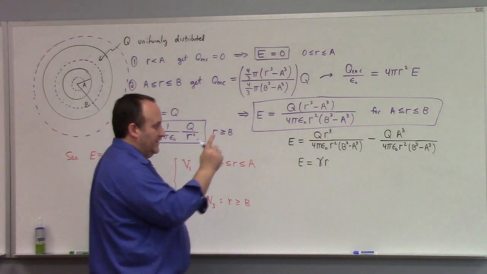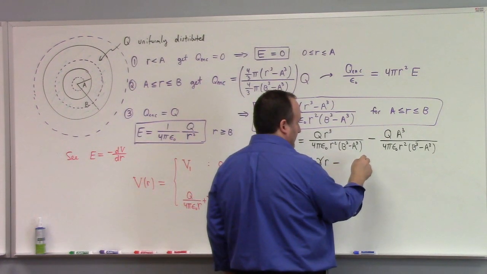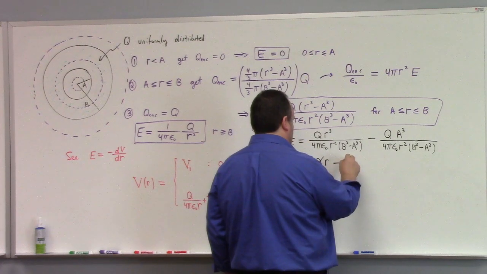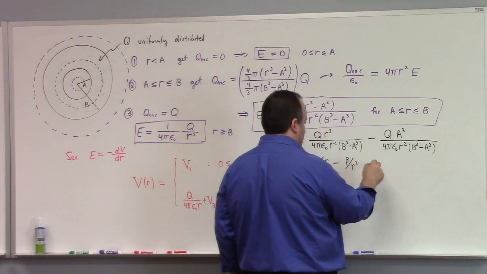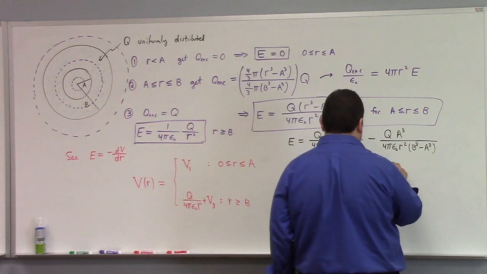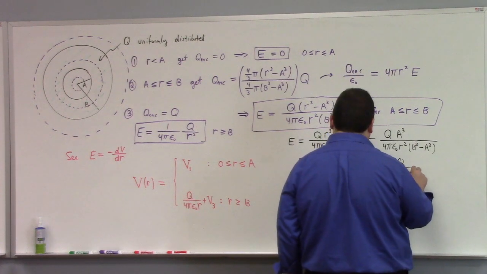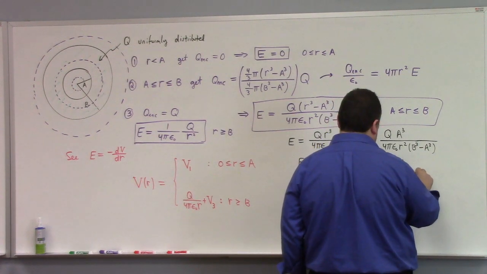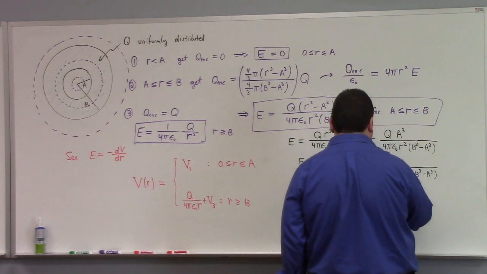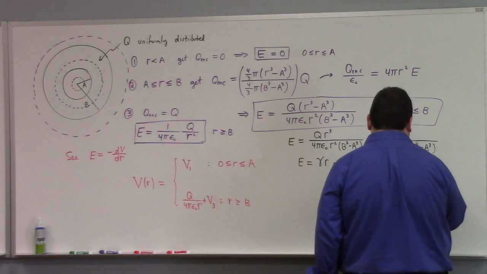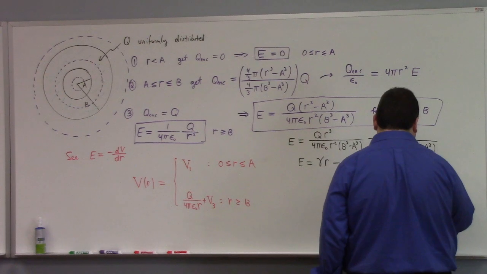And then over here, I've got minus, let us say, beta divided by r squared. And again here, gamma is simply q over 4 pi epsilon naught, difference of the cubes. And here beta is q over 4 pi epsilon naught, difference of the cubes.